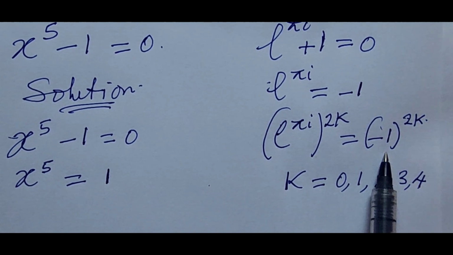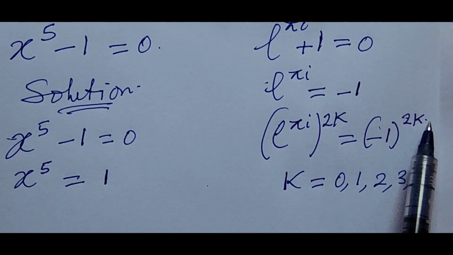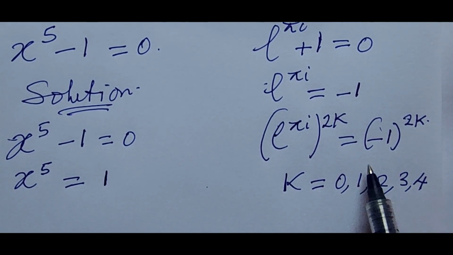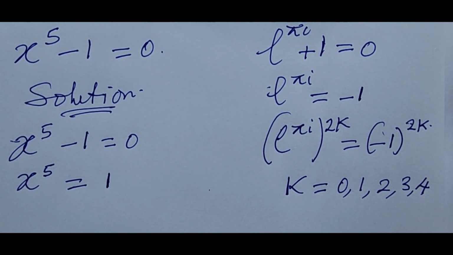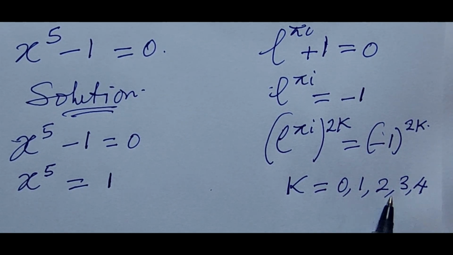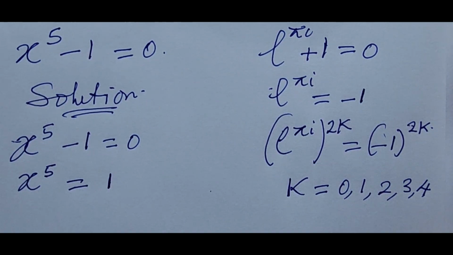If we rewrite this, it will be minus 1 all raised to the power 2, all raised to k. And minus 1 to the power of 2 will give us positive 1. And because of the values of k we have here, positive 1 to the power of k will give us 1.